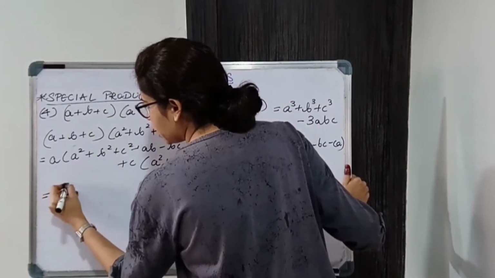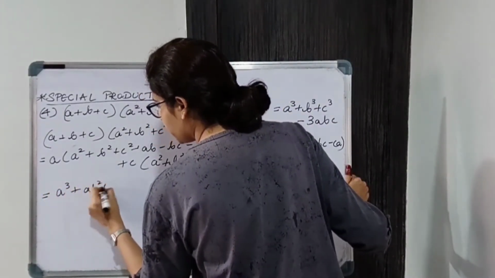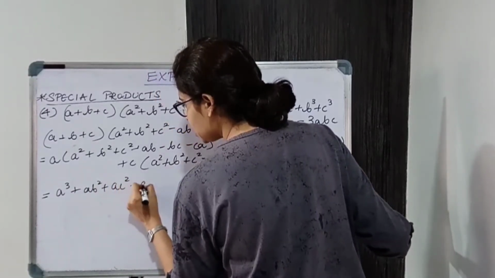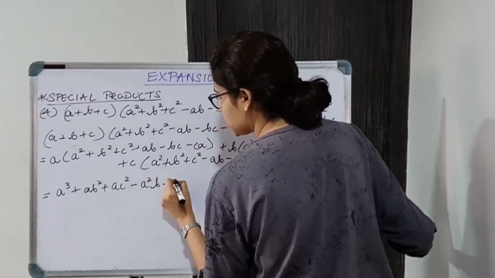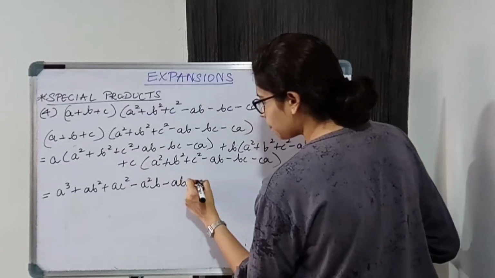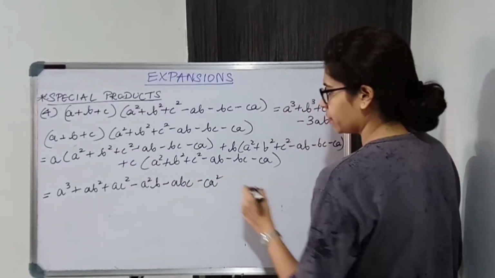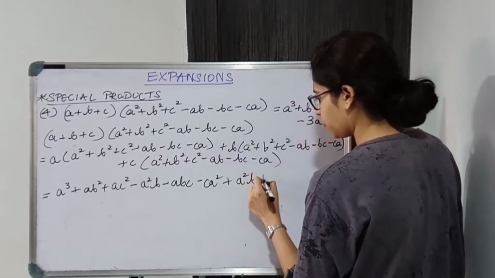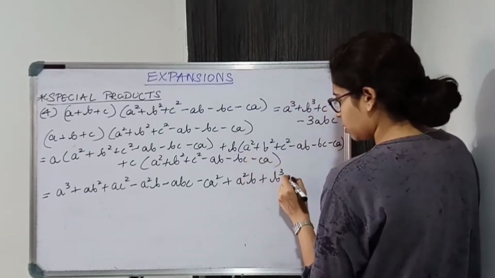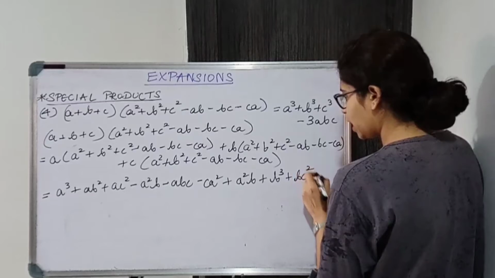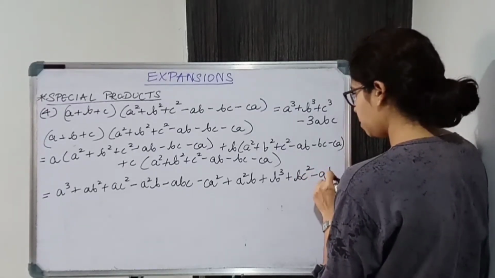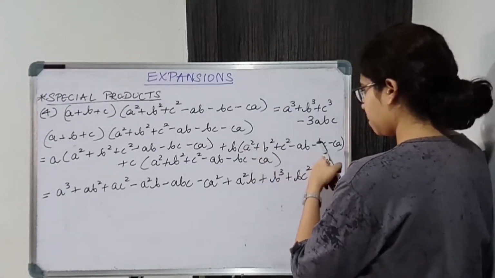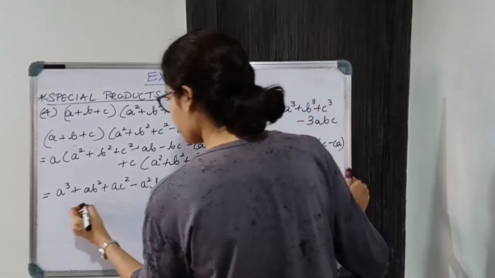A into a square gives a cube, plus ab square plus ac square minus a square b minus abc minus ca square, plus a square b plus b cube plus bc square minus ab square minus b square c.